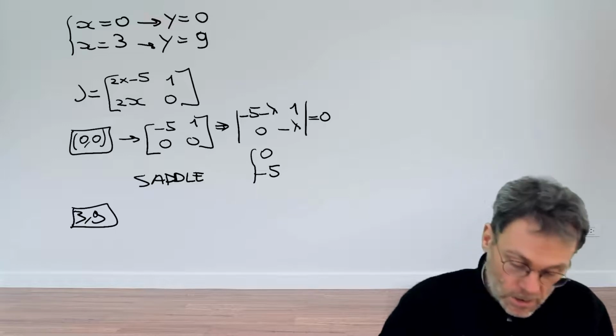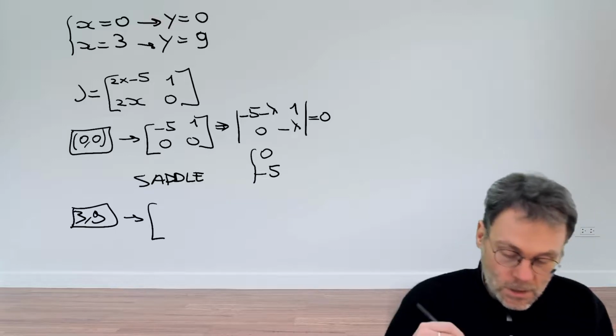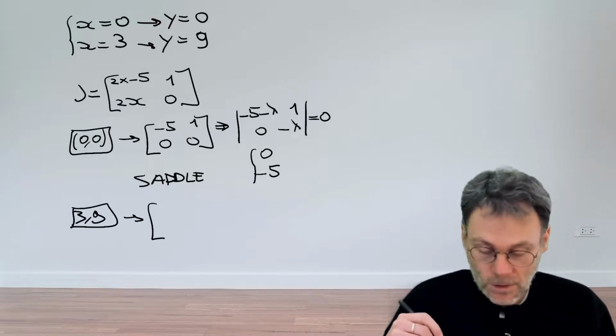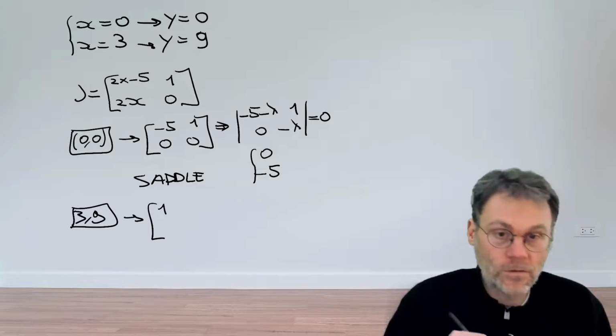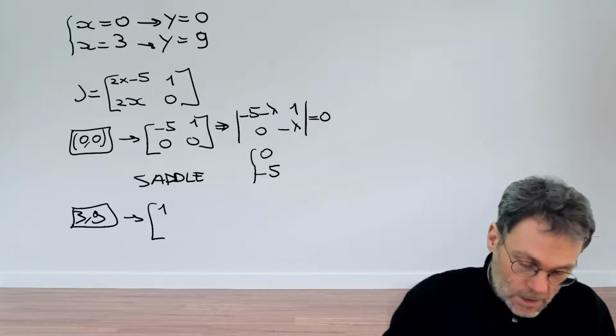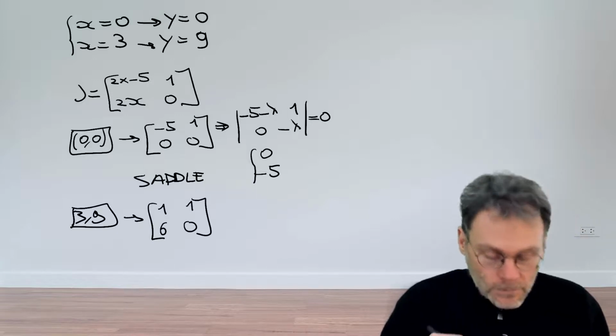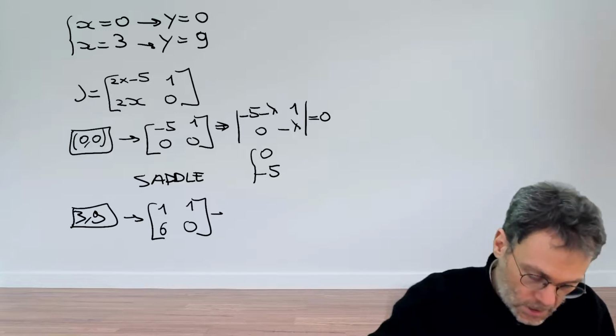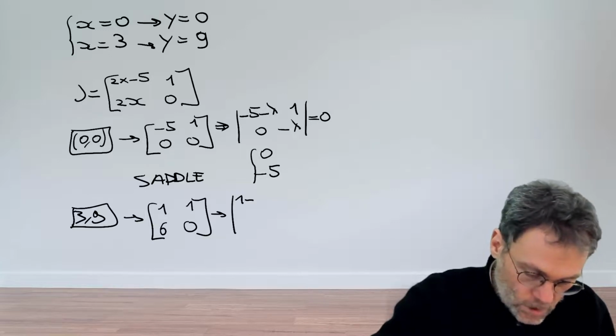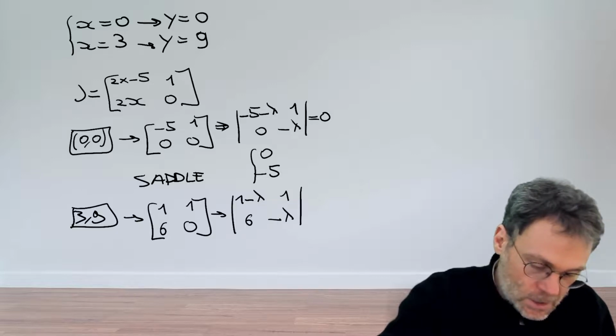So for (3, 9), our Jacobian matrix now becomes, so 2 times 3 is 6 minus 5, that's 1. And then we have 1, 2 times 3, 6, and then 0. Now in that particular case, the determinant is (1 minus lambda), 1, 6, (minus lambda).